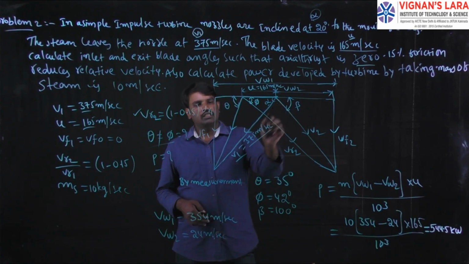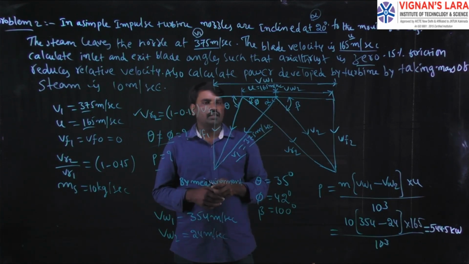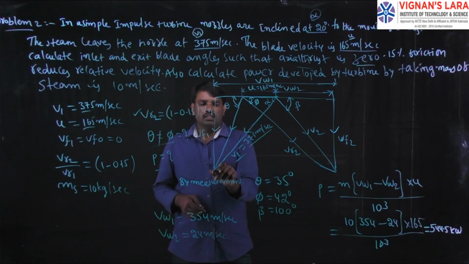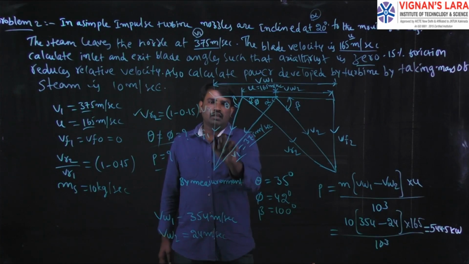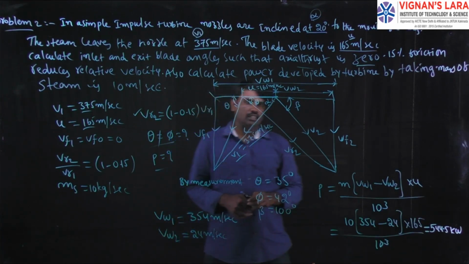Extend V1 vertically and the u line horizontally; both intersect at one location. Then complete the inlet velocity triangle.